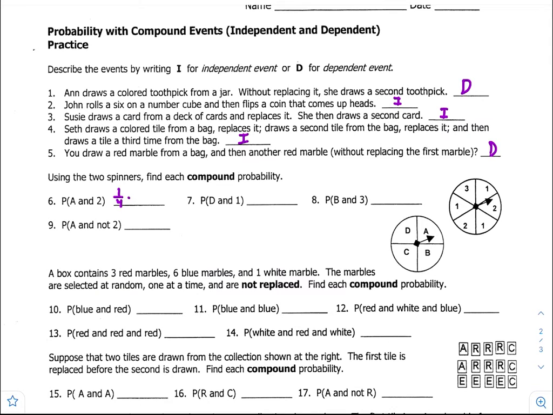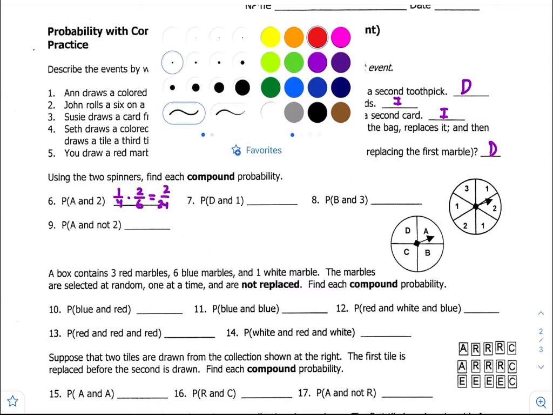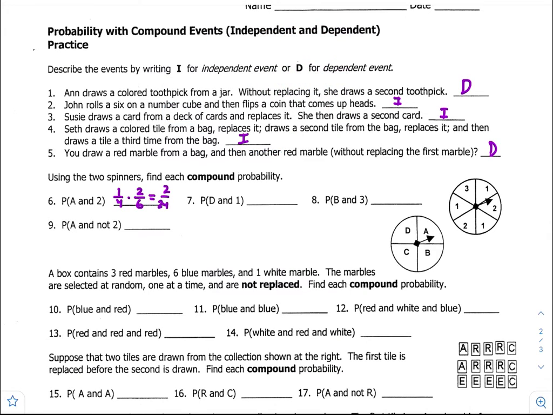And the probability of spinning a 2 is 2/6. So 2/6 times 1/4 is 2/24. And you can divide top and bottom by 2 to simplify that fraction, and you would ultimately get 1/12. So that one should be 1/12.